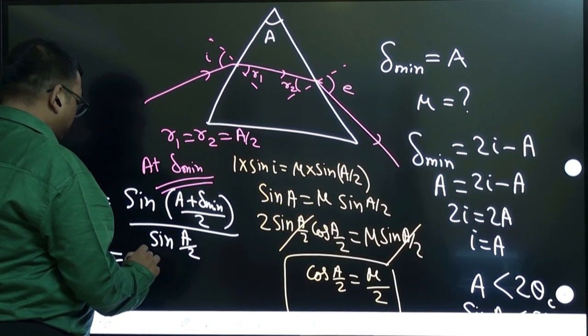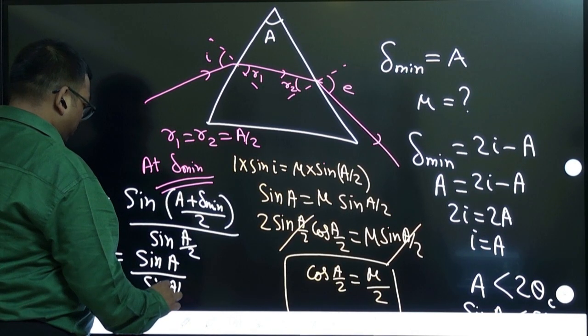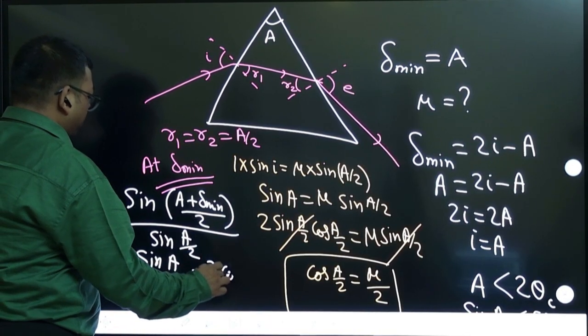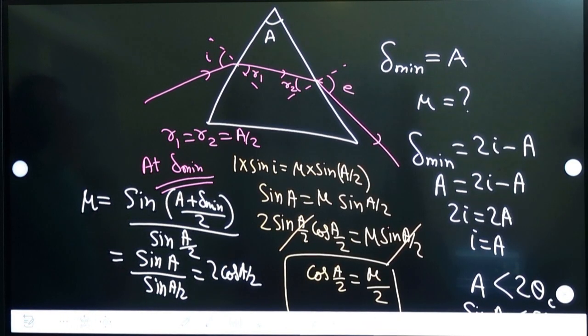Then it will become sine of A by sine of A by 2. This will become cos A by 2. After this, which angle?